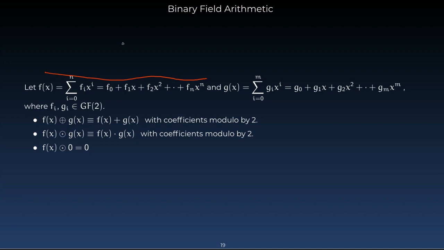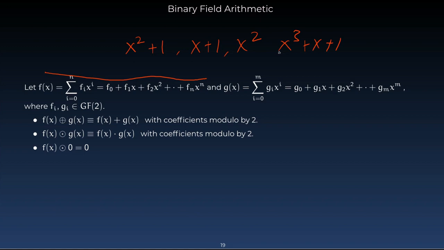So we can have polynomials like x squared plus 1, x plus 1, x squared, and x cubed plus x plus 1. These are examples of polynomials over GF(2).